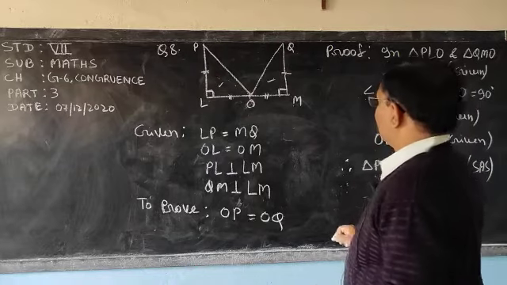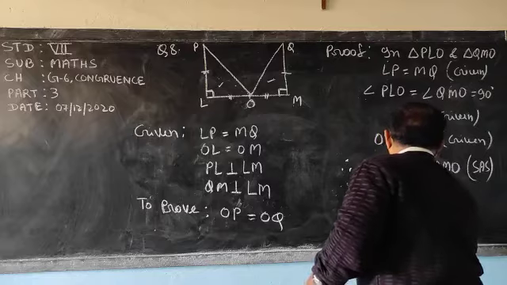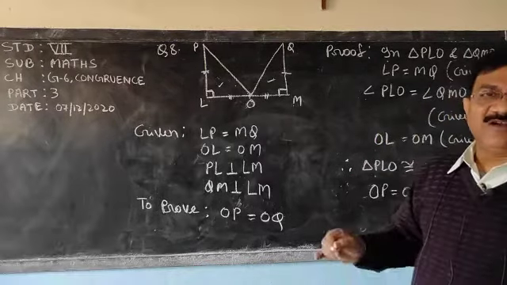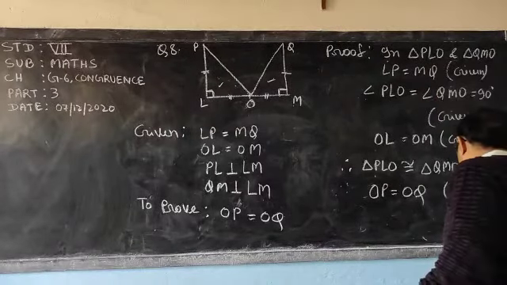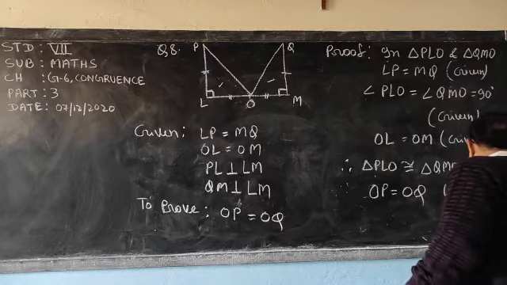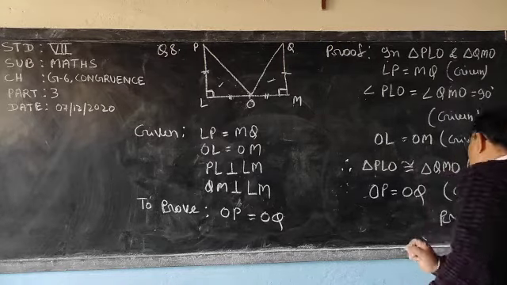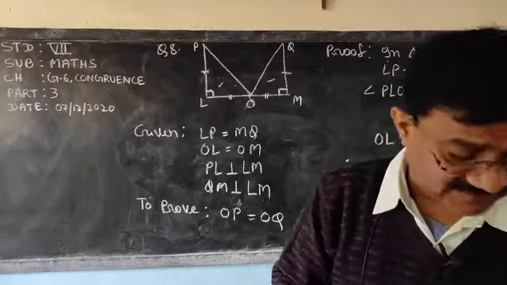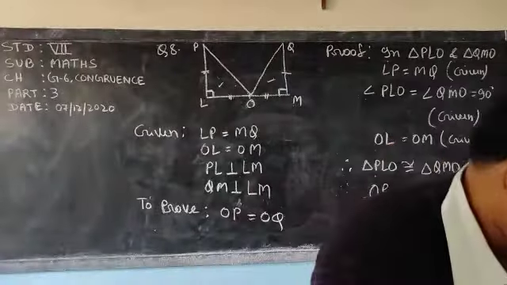Therefore OP is equal to OQ, and no need to write corresponding parts of congruent triangles are congruent. In short, you can write CPCTC, and at last proved. Understood or not? See this and watch the video several times. Then only this congruency part will be clear.